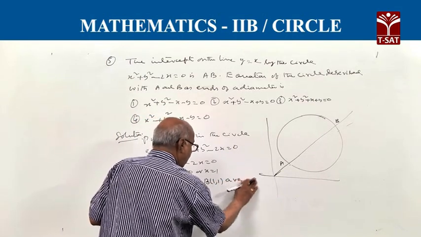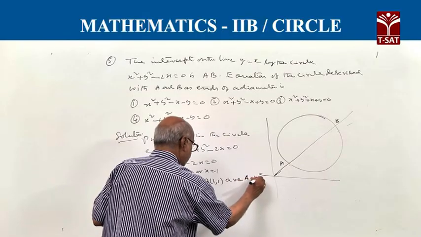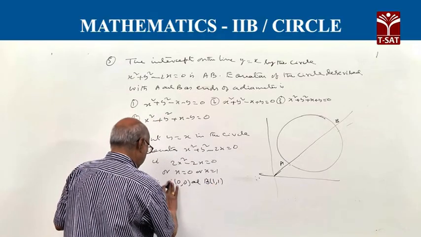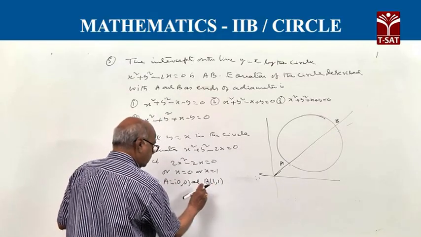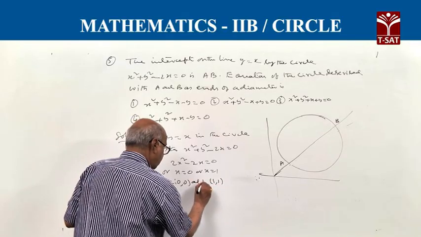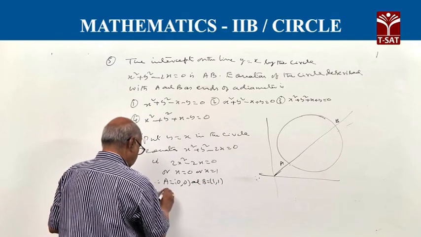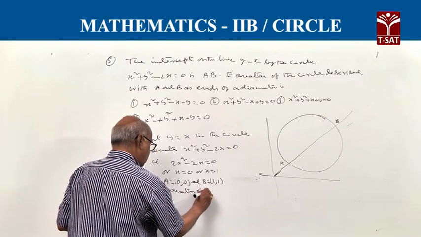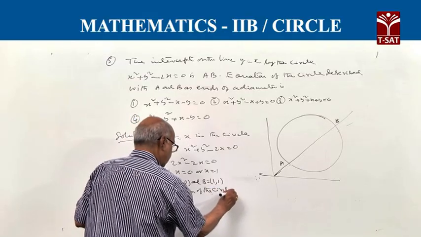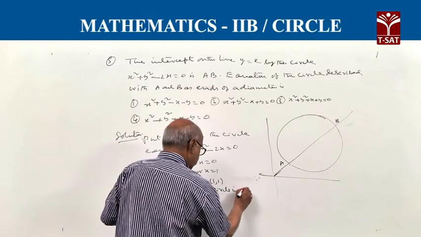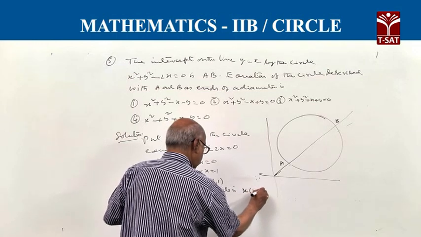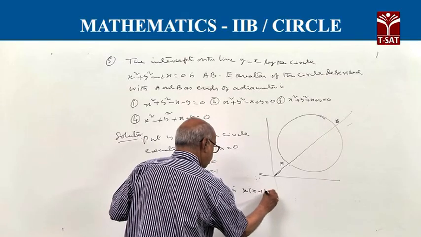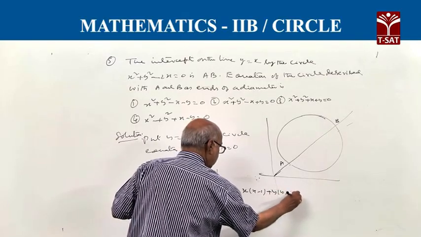So, the equation of the circle is x into (x minus 1) plus y into (y minus 1) equal to 0.